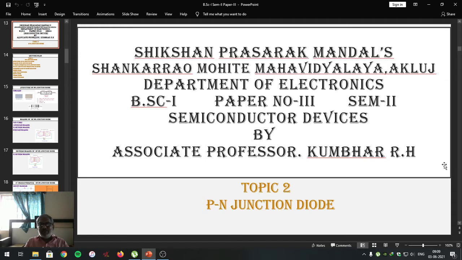When we extended the concept of this vacuum diode, whenever there was an invention of semiconducting material, an invention of N-type and P-type semiconductors, then a small size device was formulated, which is a combination of P-type and N-type semiconductor along with two electrodes. That type of device, we can call it a PN junction diode.